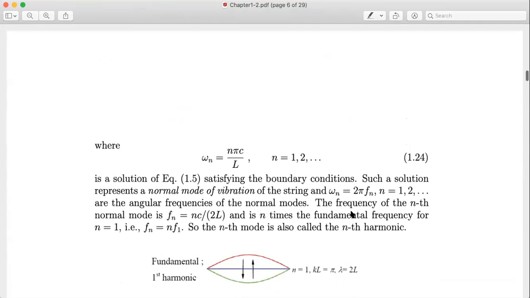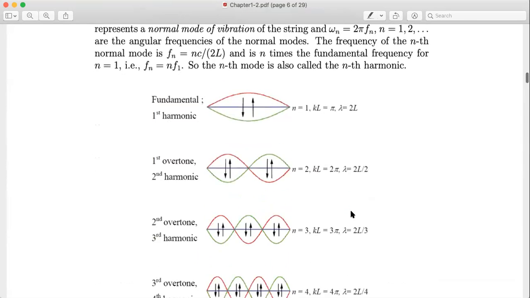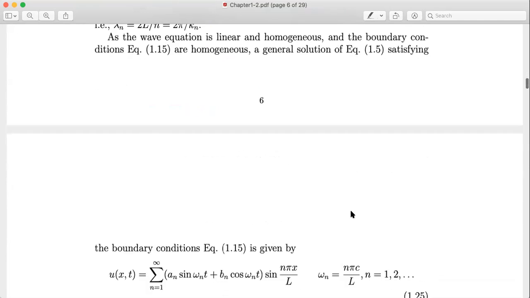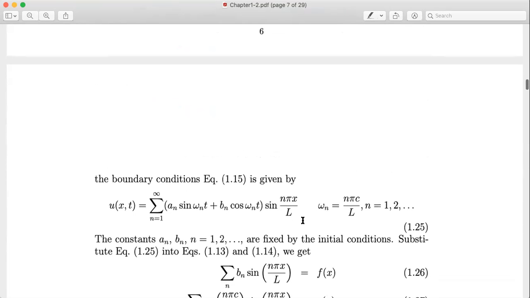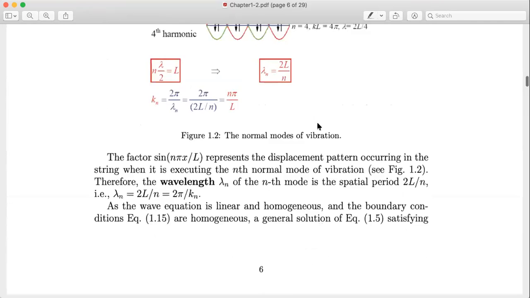Okay, I'm jumping ahead of myself, but in any case, the general motion will be a linear combination of the normal modes.